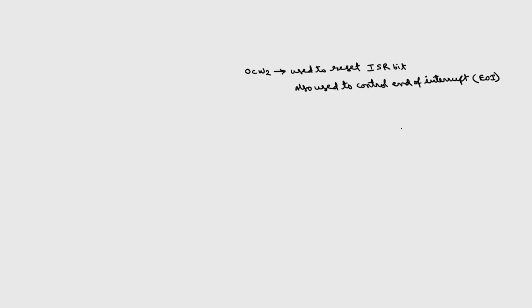We know that this 8259 has 3 registers. This is IRR, the interrupt request register, where these IRs, IR0 to IR7, will be applied. Then we have the priority resolver.